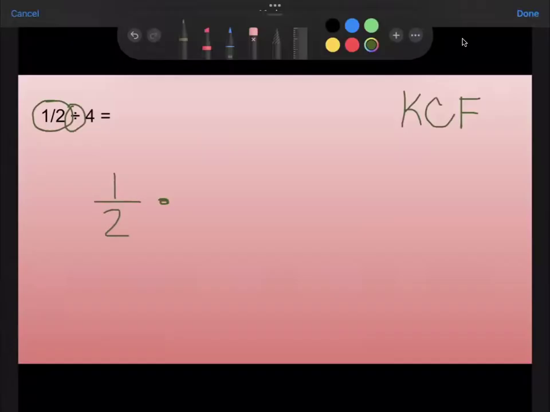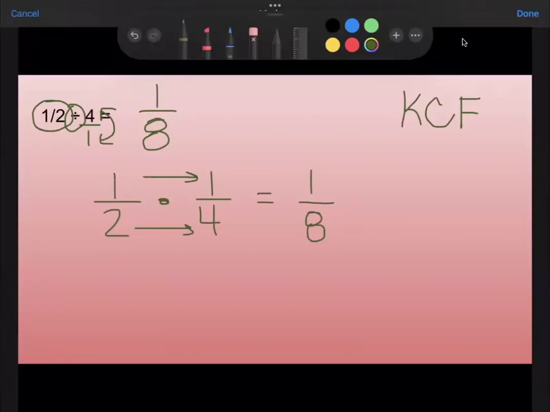Right now, 4 is a whole number, but I can make it a fraction if I put it over 1. Then if I flip it, it becomes 1/4. Then I would multiply the numerators. 1 times 1 is 1, and then 2 times 4 is 8. So that means if I have half of something and I need to take that half and divide it into 4 pieces, each of those pieces would be 1/8 of the original amount.